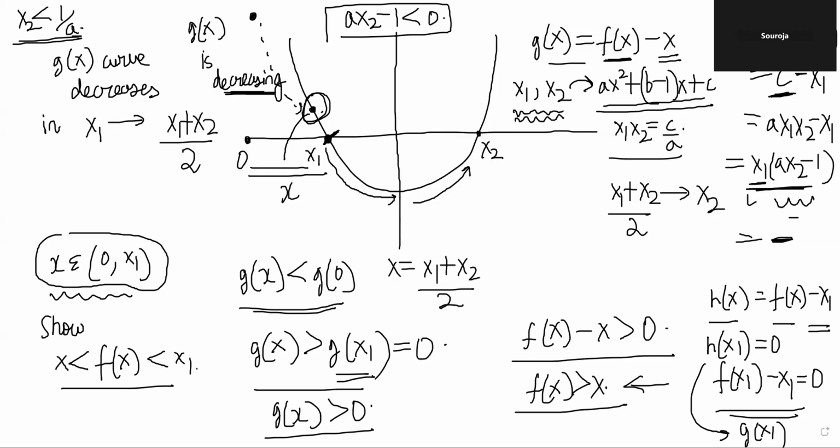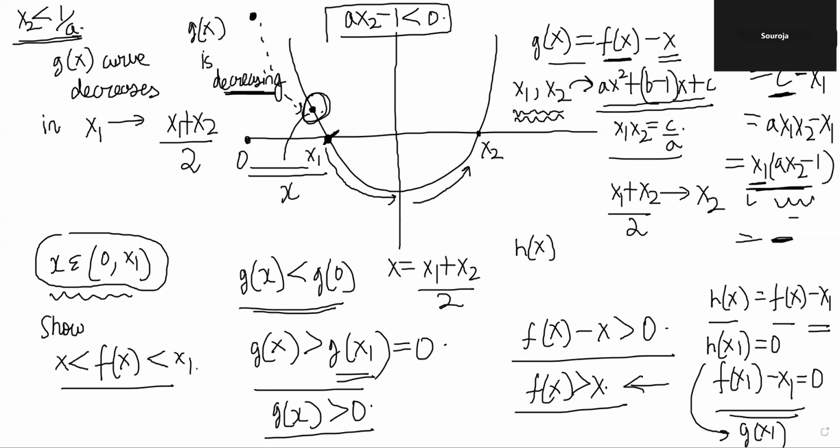Therefore h of 0 is negative, and so h of x, and this is possible in any point in that region 0 to x1, right?